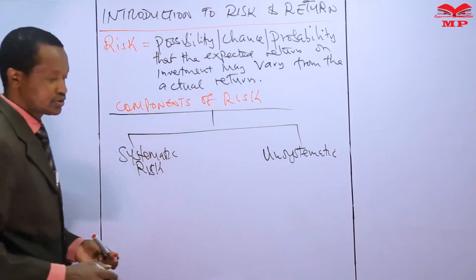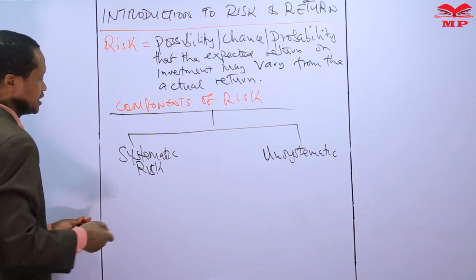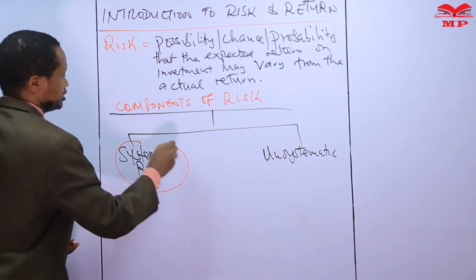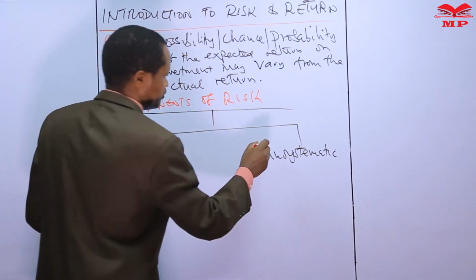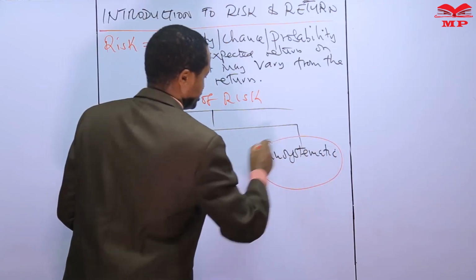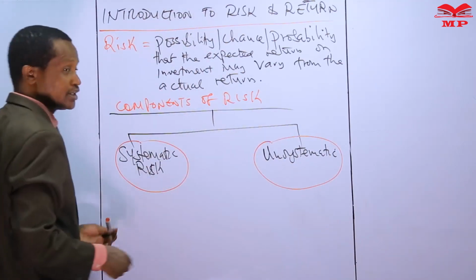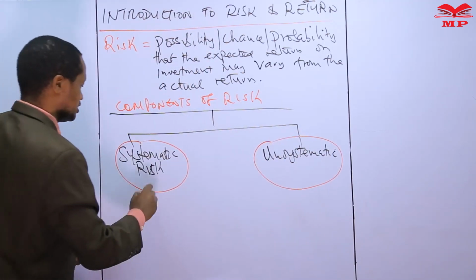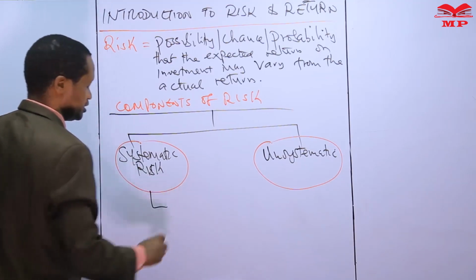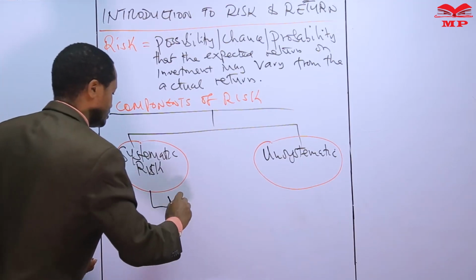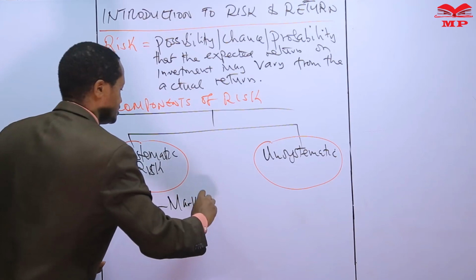We gave examples of systematic risk and examples of unsystematic risk. Examples under systematic risk include the market risk.